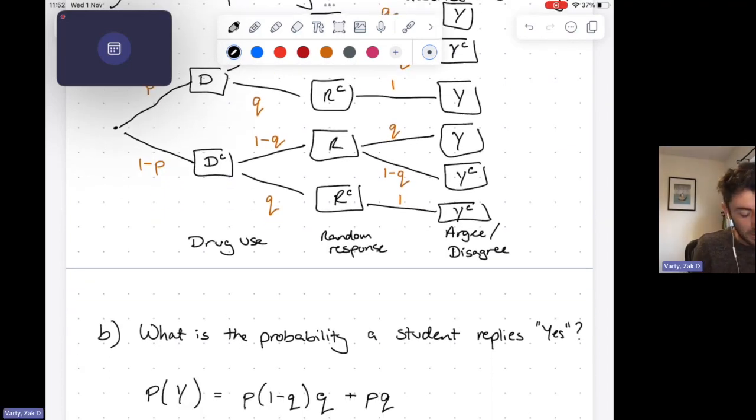And the final way of achieving yes is the upper arm of the lower branch. So that we get with probability 1 minus P, 1 minus Q, Q.